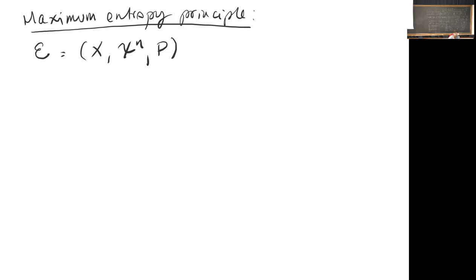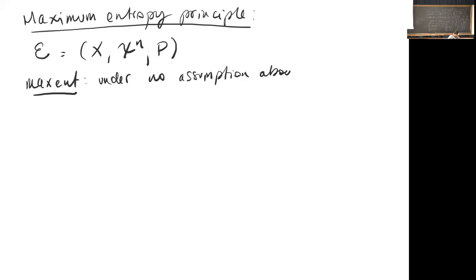So we want to show, using the method of Lagrange multipliers, that the MaxEnt, which is the shortened version of maximum entropy principle, leads to the uniform distribution when nothing is known about p, except that it's a probability distribution and therefore that it is normalized. So the MaxEnt, in this case, under no assumption about x, is what?